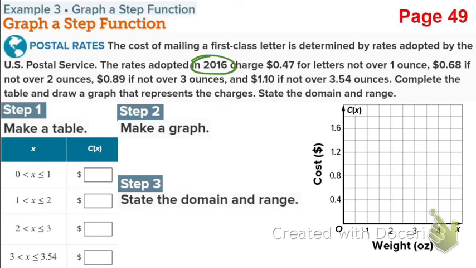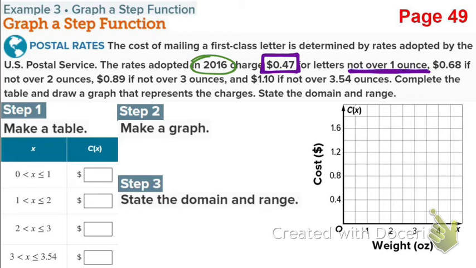Weighs less than a paperclip. 47 cents. Does anybody off the top of their head know about how much a paperclip weighs? It's about 1 gram, which is metric units, and these are English units, but paperclips are really, really light. 47 cents for a letter that is not over 1 ounce.